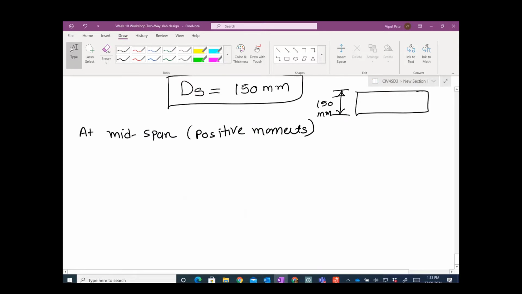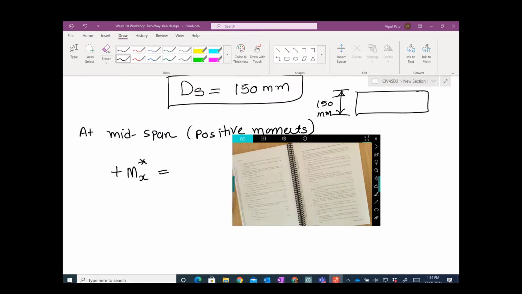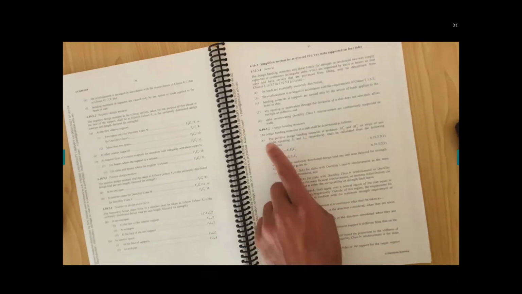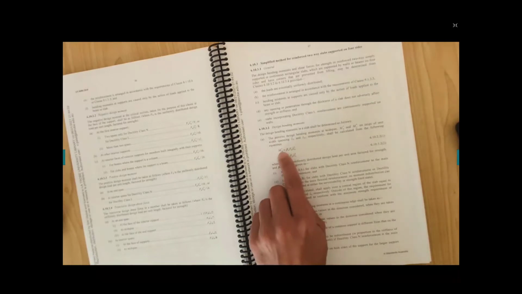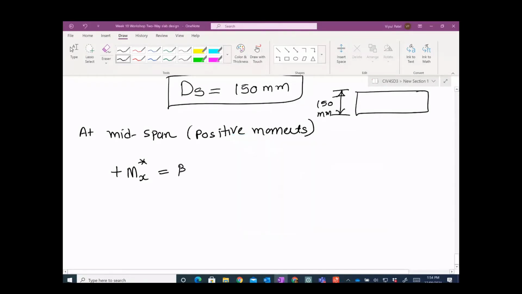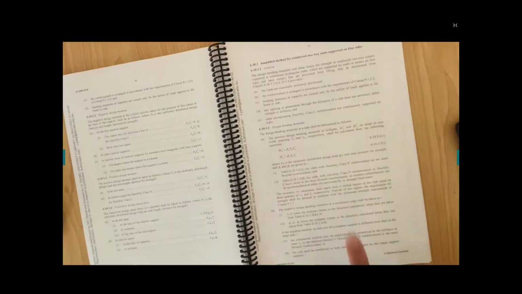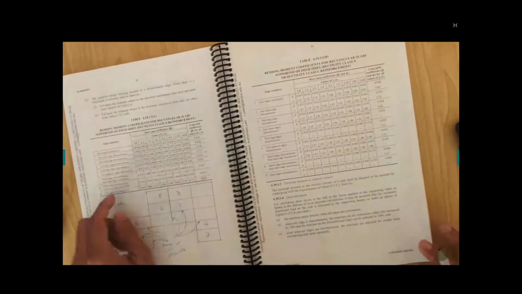Let's say positive mx star equal to the equation that we're going to use is this one, because you have the positive design moment along the x direction, along the short span, beta x FD Lx square. So that's fine. Now for that case, beta x, as you know, we are designing it for condition number 6.